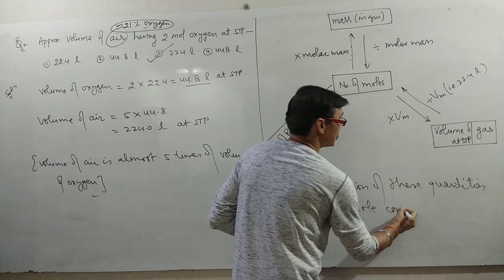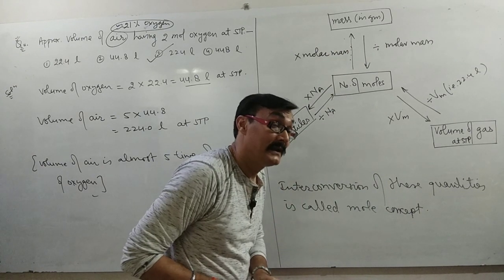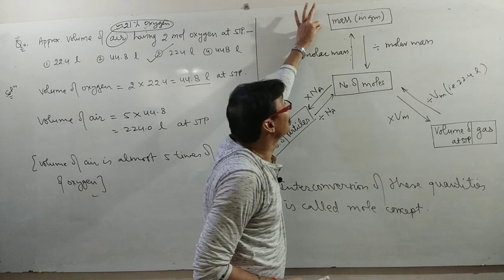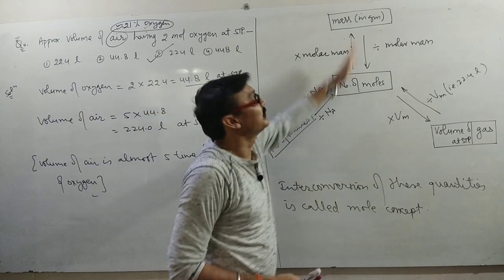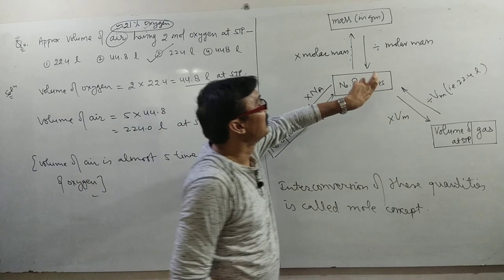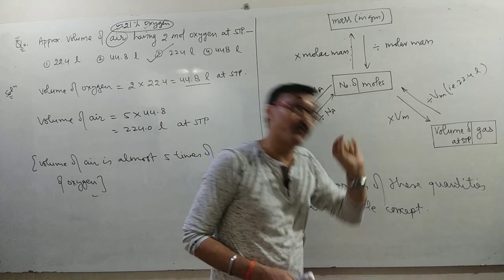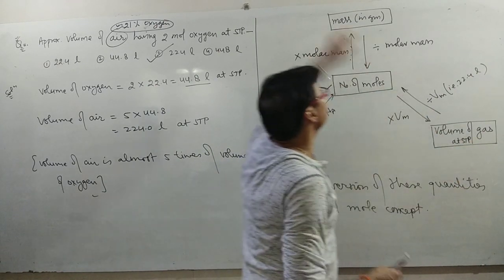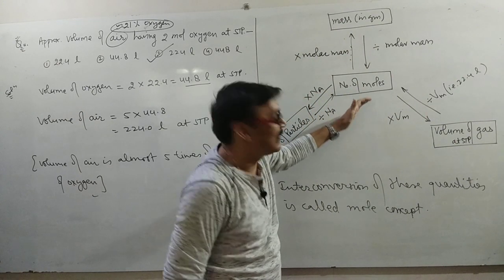And for such questions, you have to remember, if mass is asked in the question from number of particles, then follow this path. First of all, change number of particles into moles and then get mass from moles. If you have to find the volume of a gas from its mass, then first of all, mass to moles and moles to volume.